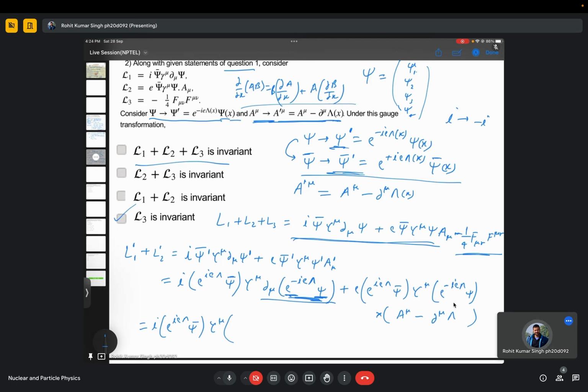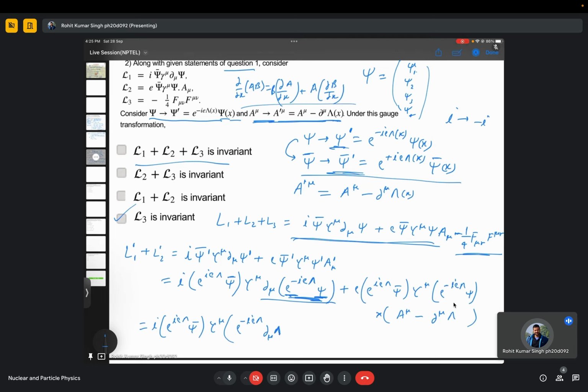Similarly we will do that. So here A is the exponential function and B is the psi function. Okay, so you know that differentiating an exponential gives the same function, and by the chain rule of differentiation we will get del mu lambda, right? Because lambda is also a function of x.